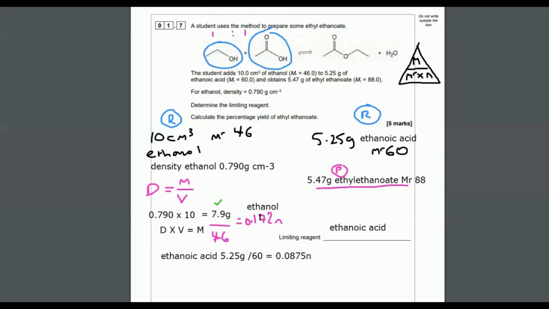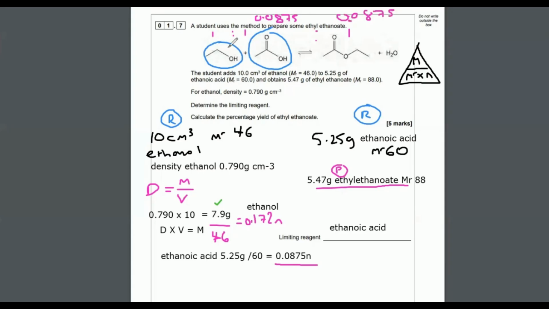So I know that the maximum amount of ethyl ethanoate I can make is limited by the amount of this. It's a 1-to-1-to-1 reaction. So if I've only got 0.0875 of ethanoic acid, then I can only make 0.0875 of ethyl ethanoate.